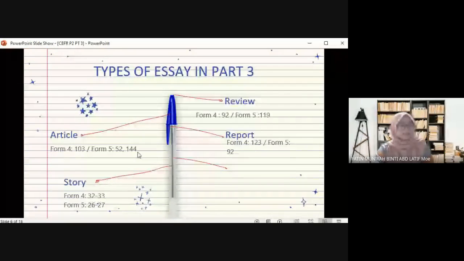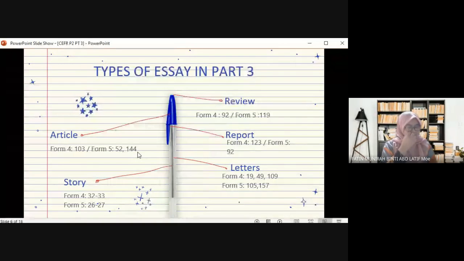If I'm not mistaken, it is in Unit 2. And then for Form 4, in page 32 to 33. And last one, letters. We have plenty. Okay, Form 4, page 19, 49, and 109. Form 5, 105 and 157. So this is the pages, muka surat daripada buku teks awak.